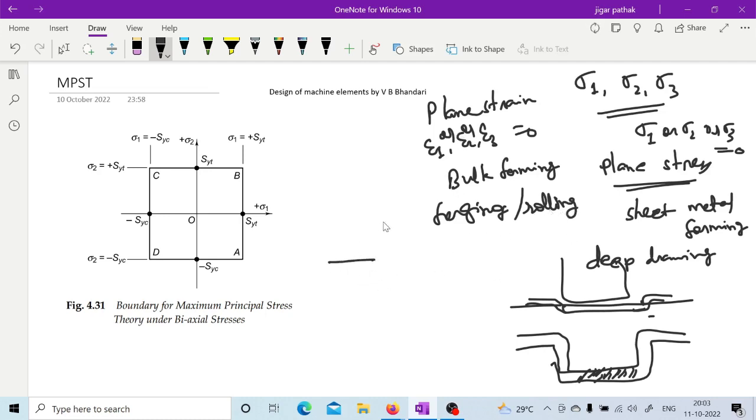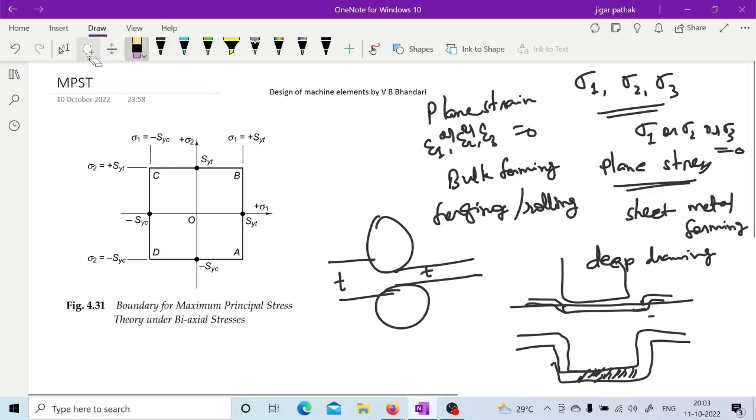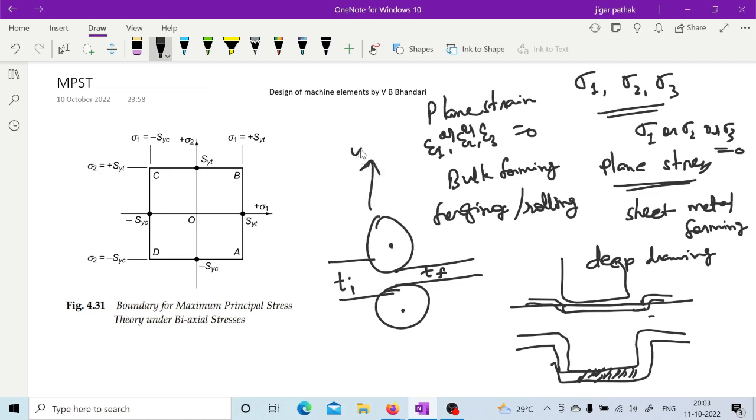In rolling, you have heavy rollers and you have a reduction of the sheet thickness from initial to final. So you will have strain in both directions in this plane, but along the third direction, along the width which is perpendicular to the plane of the screen, that strain will almost be 0. That is why it is known as the plane strain condition.